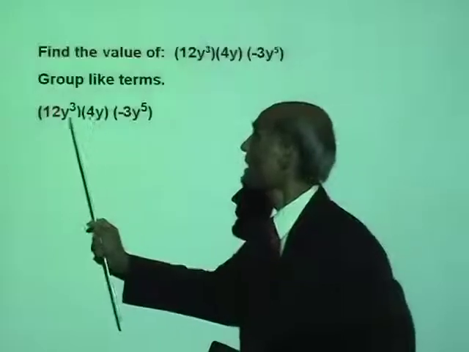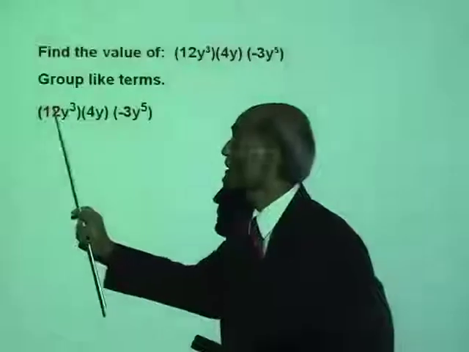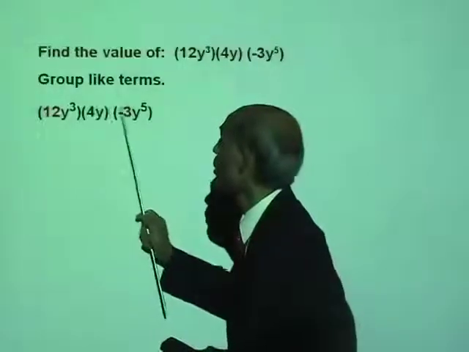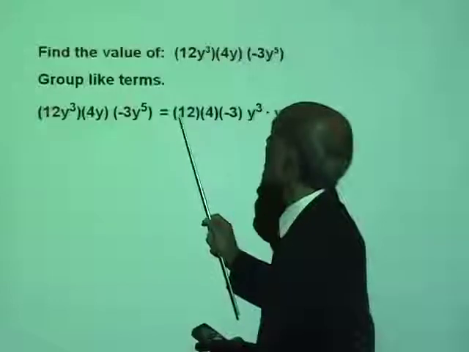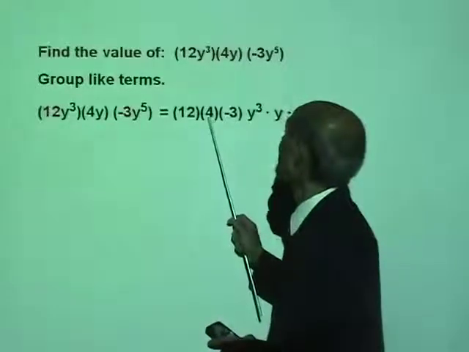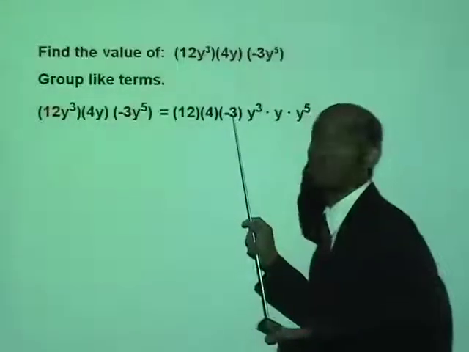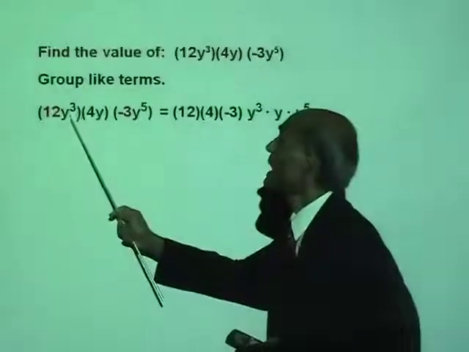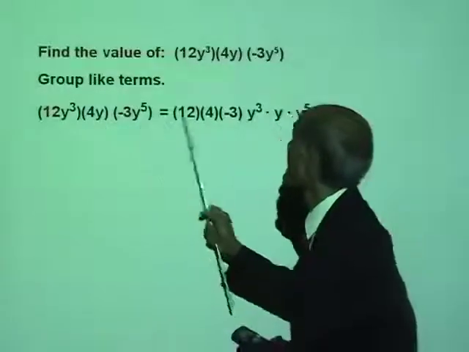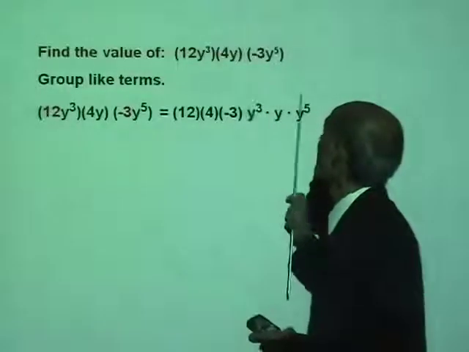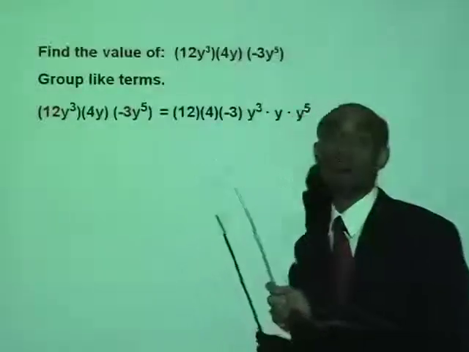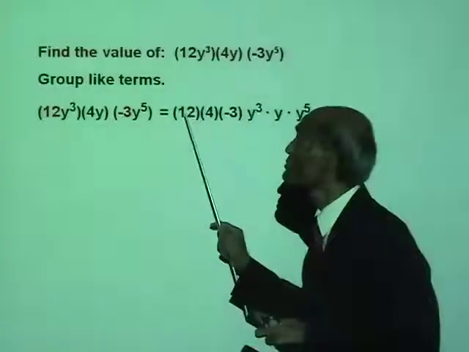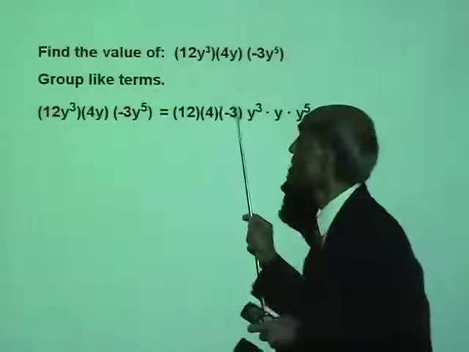I have indicated that by using colors. We now multiply 12, 4 and negative 3 together. Now, we group those together, and then y cubed times y to the power 5, quantities that have base y, together.